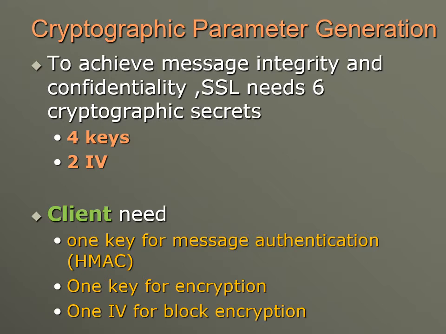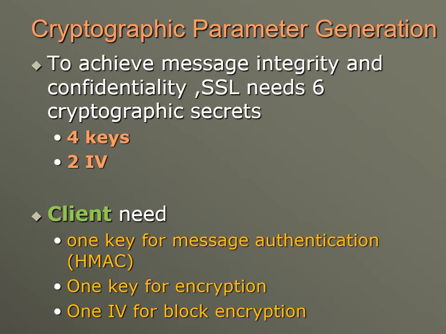To achieve message integrity and confidentiality, SSL requires these 6 cryptographic secrets. So the client needs 1 key for message authentication, that is HMAC is used here, 1 key for the encryption algorithm, and 1 initialization vector for block encryption.